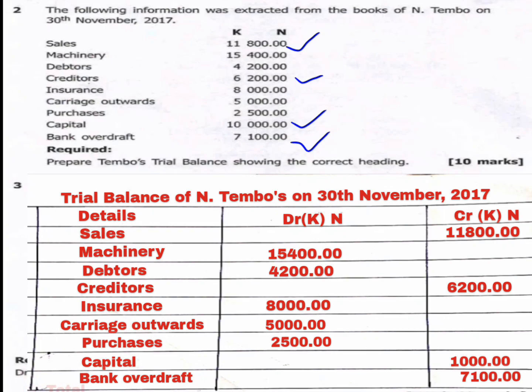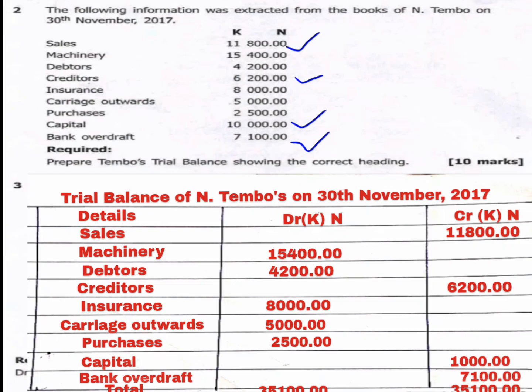Then the answer is 35,100 kwacha. And also on the credit side, 11,800 plus 6,200 plus 10,000 plus 7,100. Then the total figure is 35,100. So, as you can see here, the figures are balancing.